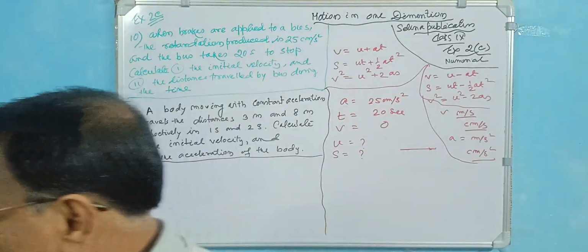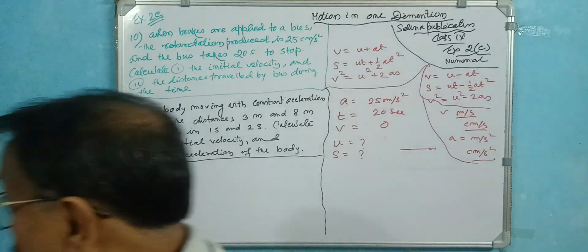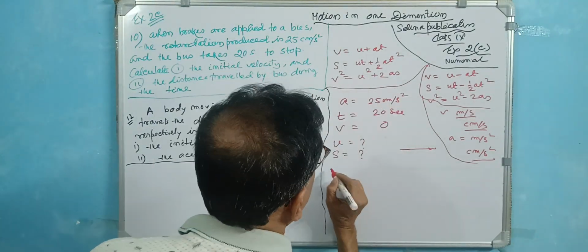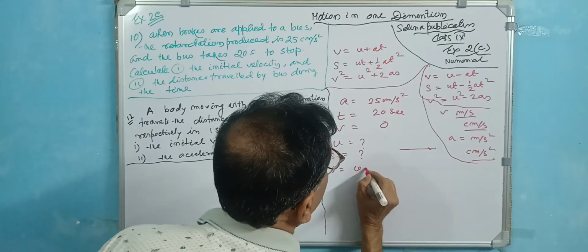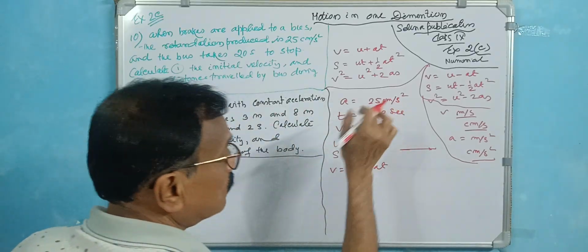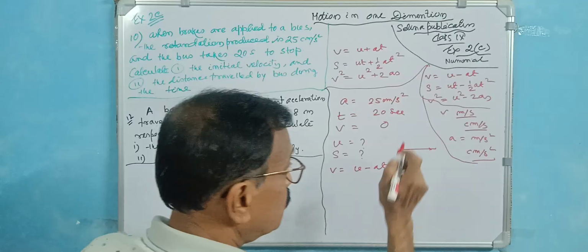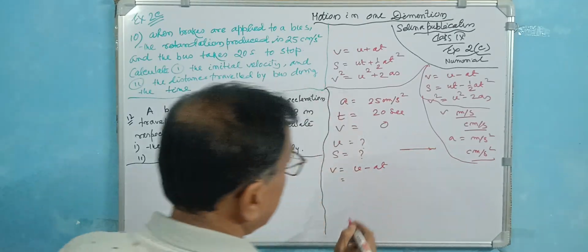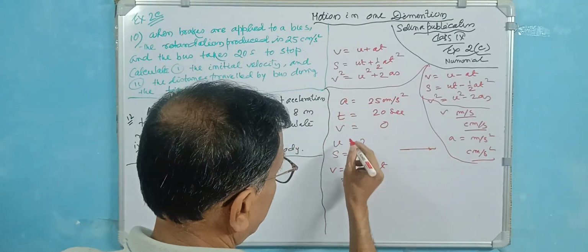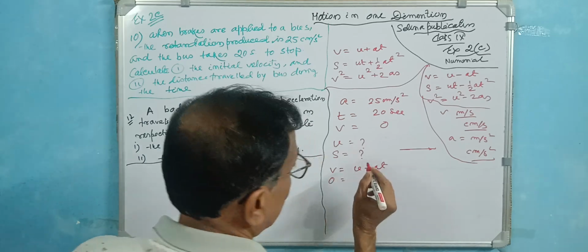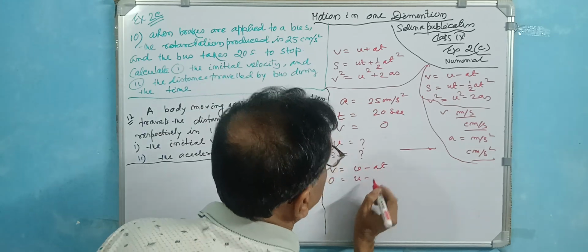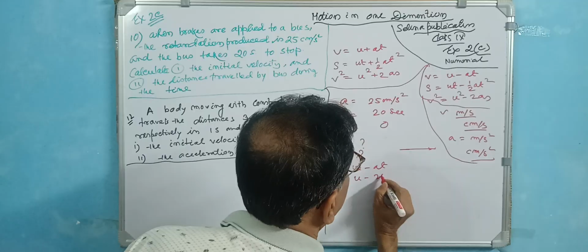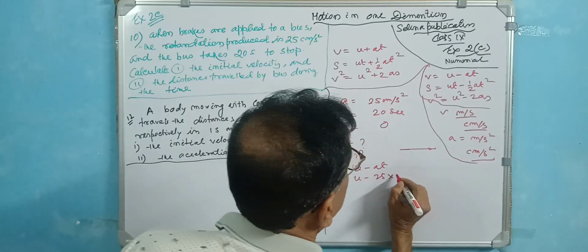Okay? Clear to you? Now the first is V is equal to U minus AT. Why do we take this? Because it's a retardation. V is 0. So U minus A, which is 25, into T, which is 20 seconds.